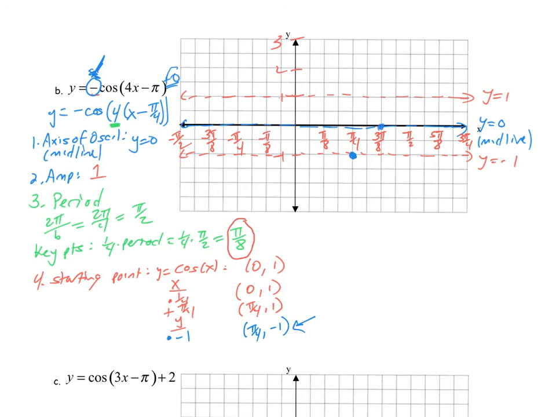So we'll be at 3 pi over 8, 0, pi over 2, 1, 5 pi over 8, 0, 3 pi over 4, -1, pi over 8, 0. I'm going to go in the other direction, just following the period, going from minimum to midline to maximum. And then we can go ahead and connect these with a nice smooth curve. Make sure you make rounded curves and put arrows at the end, and that is our function.